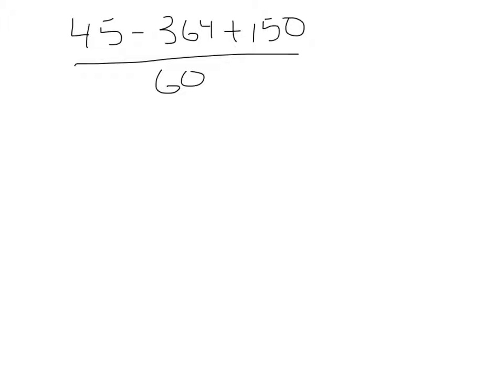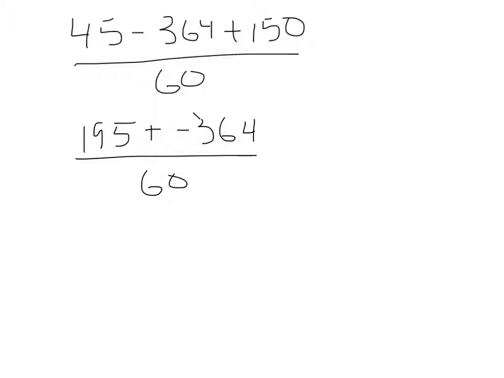So now you simply have an integer problem on the numerator, which if you add the positive numbers together, you get 195 plus a negative 364, and that's all over 60. And I can do that because I rewrote it as an addition problem such as that, and then I can move it around any way I want.